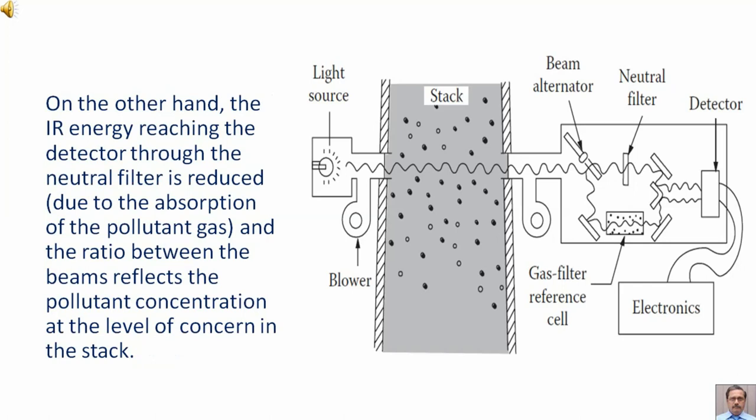On the other hand, the infrared energy reaching the detector through the neutral filter is reduced due to the absorption of the pollutant gas, and the ratio between the beams reflects the pollutant concentration at the level of concern in the stack.